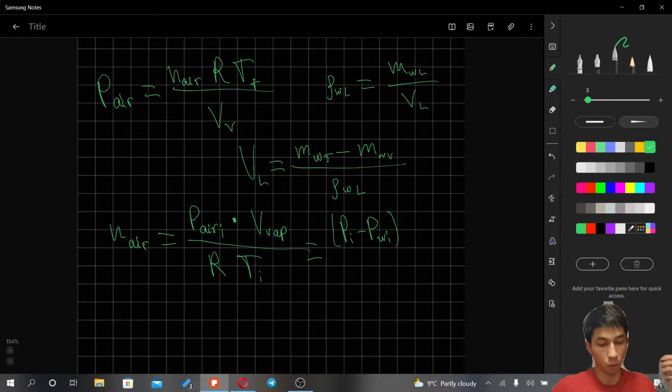And for the volume of the vapor, we can say that it equals volume total minus the volume of the liquid.